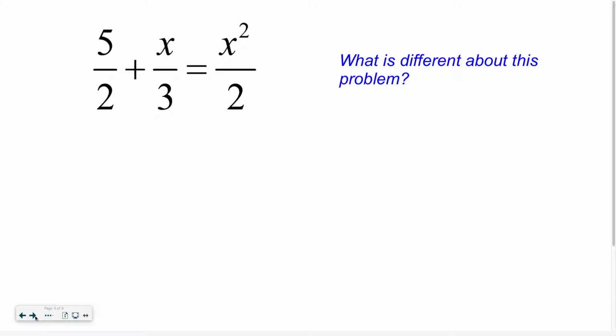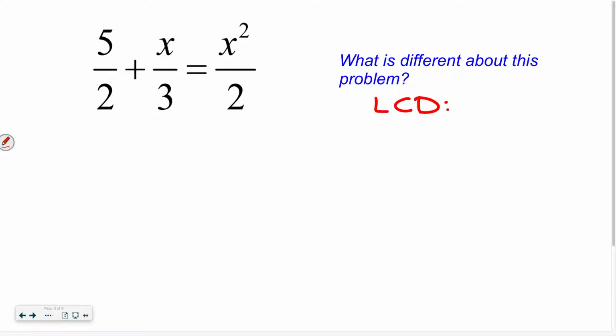Yeah, multiply them together. I would call that in this particular case with fractions the least common denominator, right? It's the smallest number that has both factors in it. 2 times 3 is 6. Okay, so yeah, I would say that's the LCD.